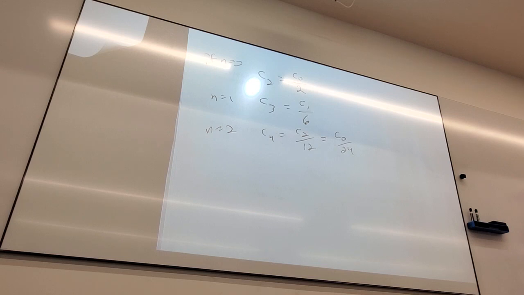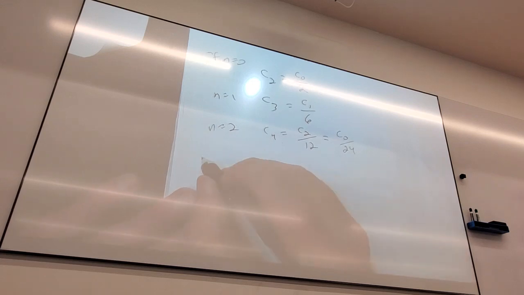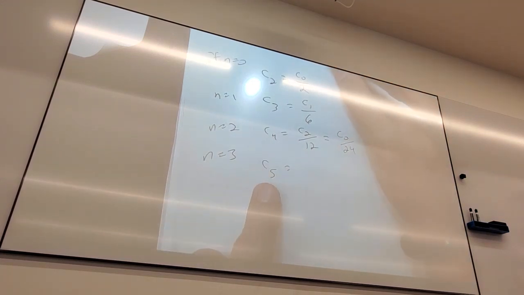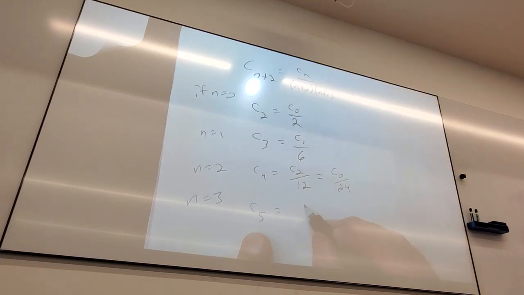So you start to see some other things happening. The bottom term is 2, isn't that 2 factorial? What's 6? 3 factorial. 24? 4 factorial. Let's do one more just to see if this holds. It equals 3. C5 would be C3 over, and remember, this is so evil, I almost did this: n is not 5, n is 3, correct?